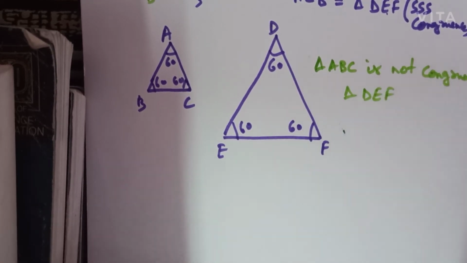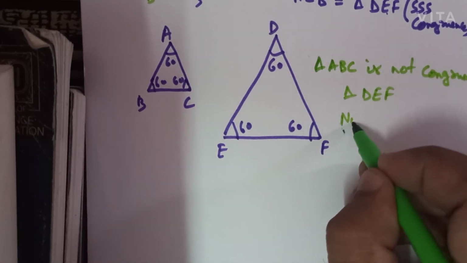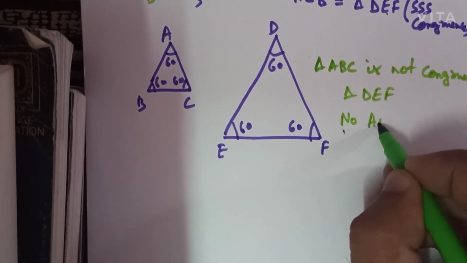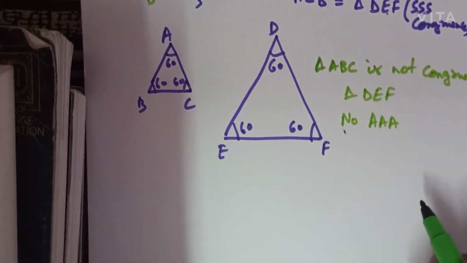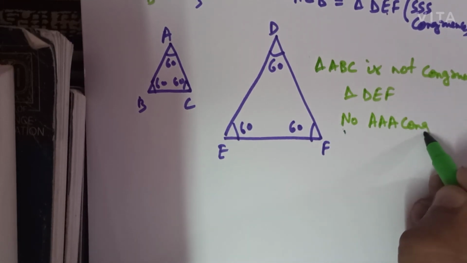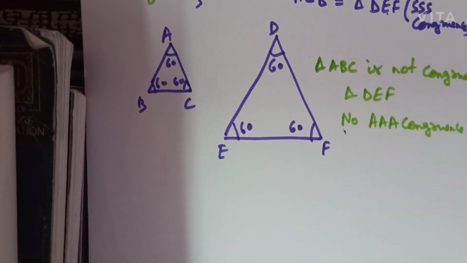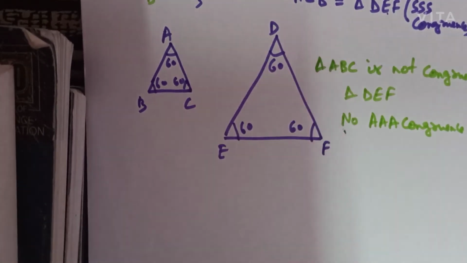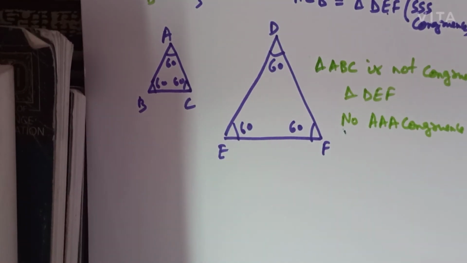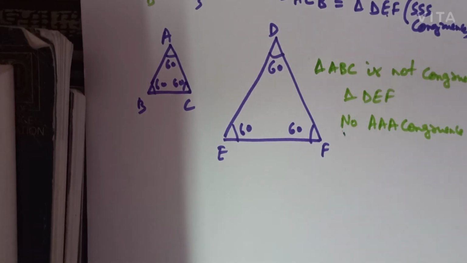So we can say that there is no such condition as angle angle angle in case of congruency. Earlier we have discussed that there is no such condition for angle side or side angle. Similarly, the third one, angle angle angle, is also not any congruence condition.